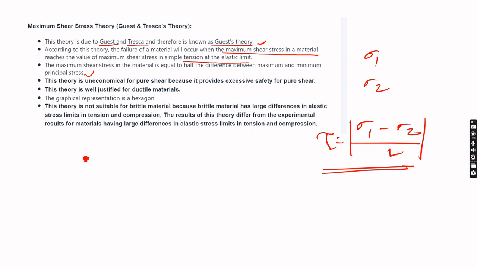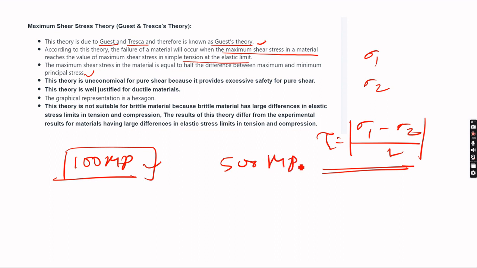Suppose you are designing a material and the maximum shear that your structural member can tolerate is 100 megapascal. You are calculating for a pure shear, and according to your theory, you will get some 500 megapascal, and you are telling this is the maximum limit.